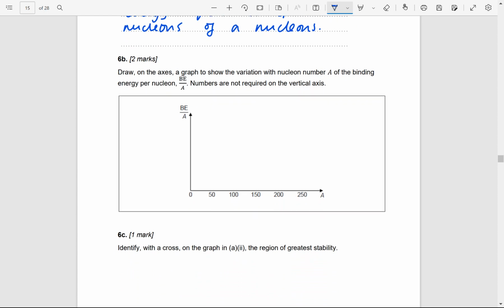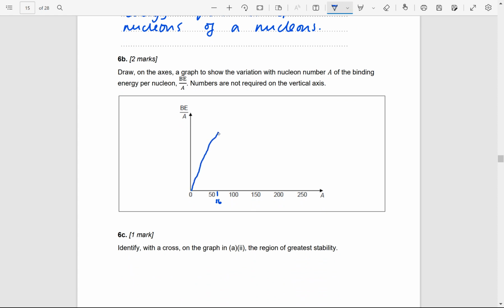6b wasn't done particularly well, actually. It was the binding energy curve. So you should be aware that the most stable atom is iron, which is 56, I think. So you want it to peak around here.